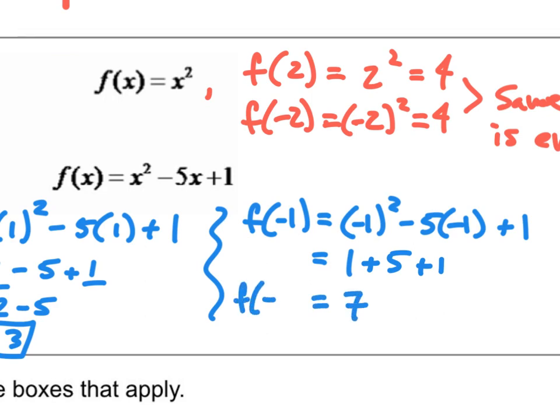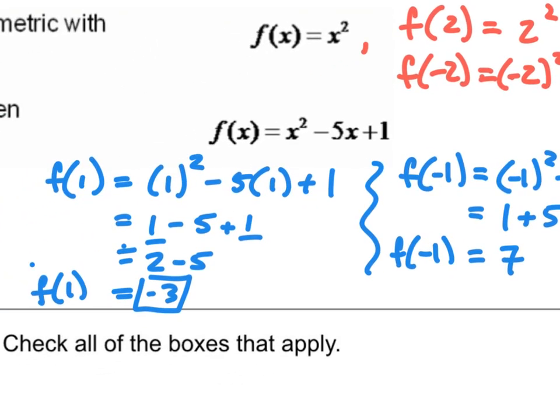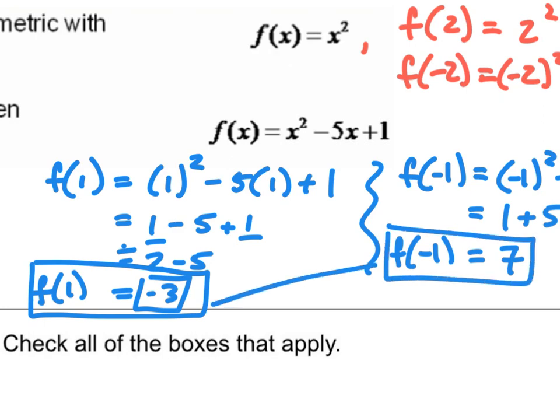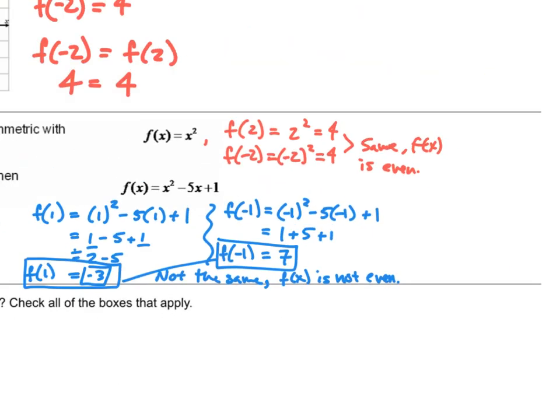So f of negative 1 is equal to 7. You have this value down here and this value here, and these are not the same. Since they are not the same, that f of x here is not even. That's how you can tell.